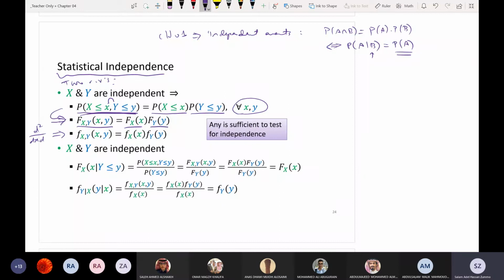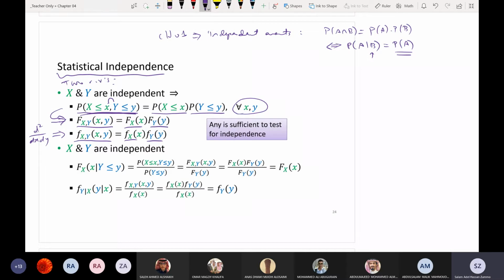x dy will give me that the joint PDF equals the product of the marginal PDFs of x and y alone. Okay?